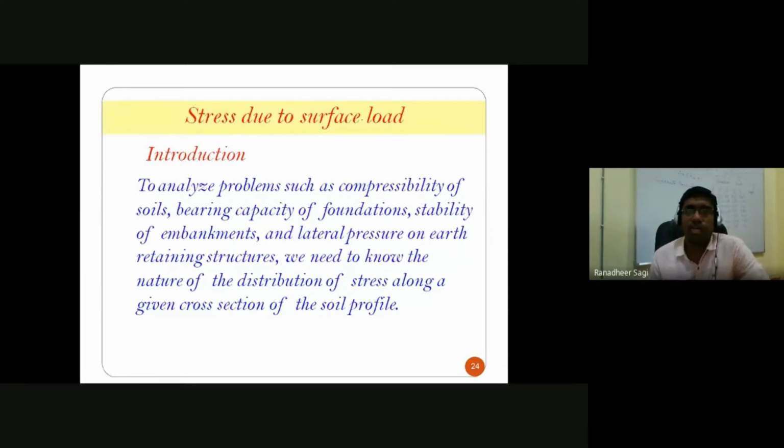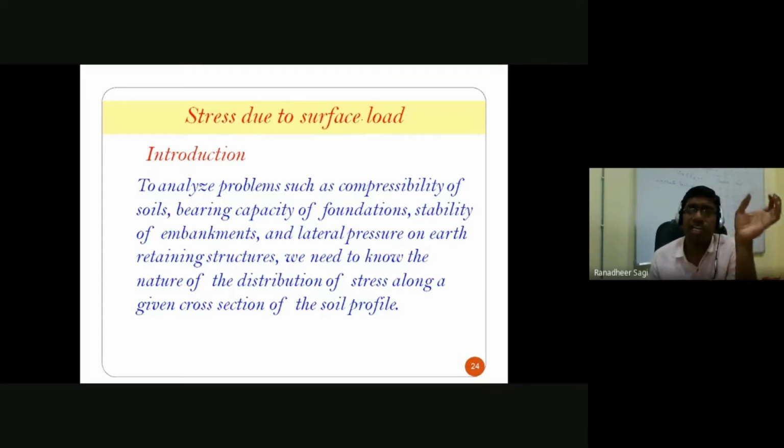Just to give you an idea of what we are going to be dealing with in the case of stresses that we calculate due to the surface load: where do we generally come across stresses due to the surface load? In all the cases where we analyze the bearing capacity of foundations, understand how much compressibility takes place in the soil strata, analyze the stability of embankments, or estimate the lateral pressure in the case of retaining structures.